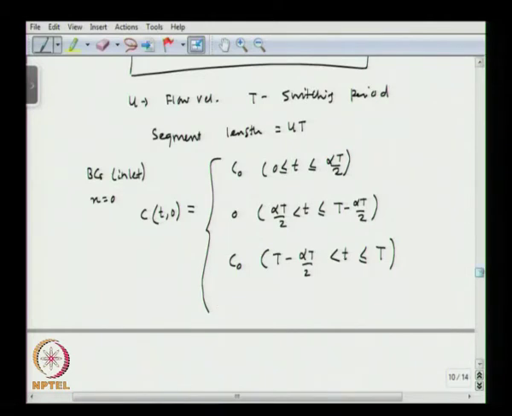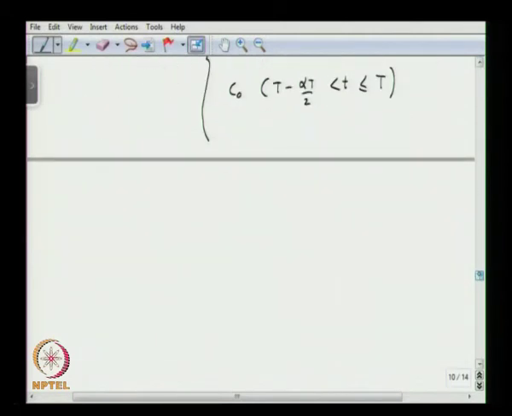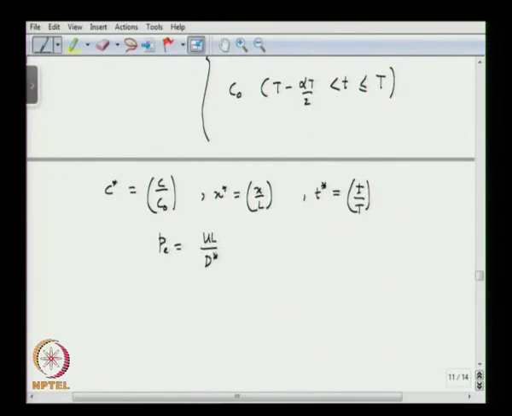Now we can non-dimensionalize this transport equation using the following variables. We can use C star as C over C0, X star as X over L, T star as t over T, and Peclet number equal to UL over D star.